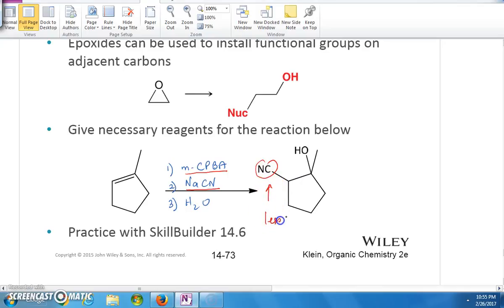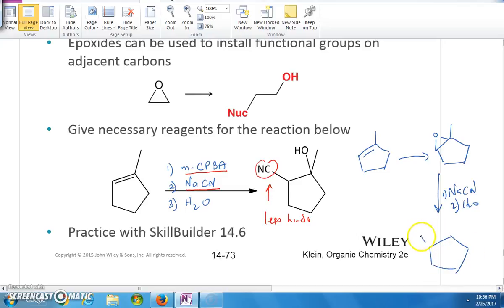To think about how this reaction happened, you know that this will first be converted to the epoxide, and then in the presence of NaCN and water, you're going to have the formation of that.